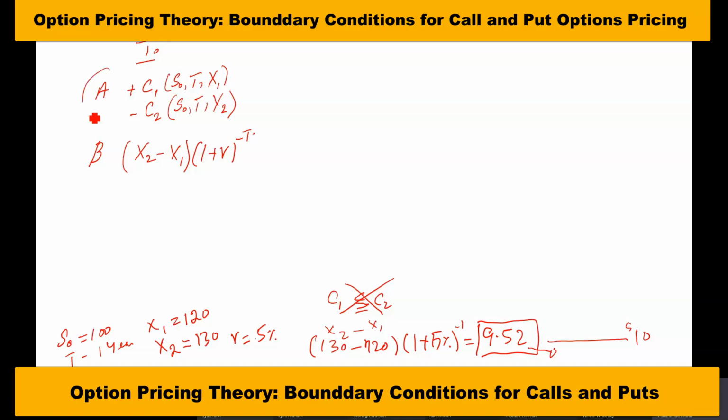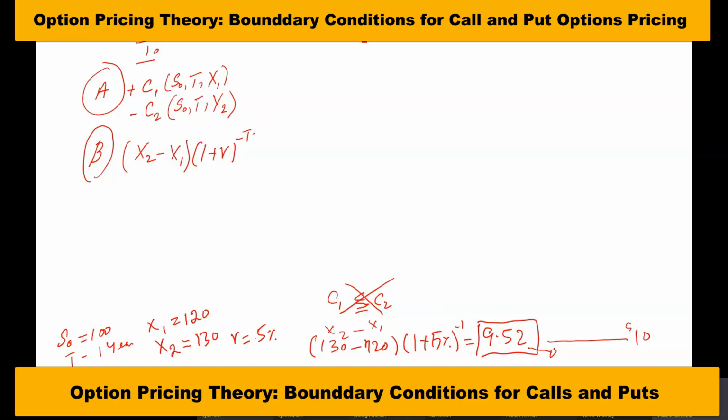So I have two portfolios. In portfolio A, I have a long position in C1 and a short position in C2. In portfolio B, I have an amount of 9.52 invested in risk-free bonds, and this amount is equal to the difference between the exercise prices multiplied by (1 plus the risk-free rate) raised to the power minus T.